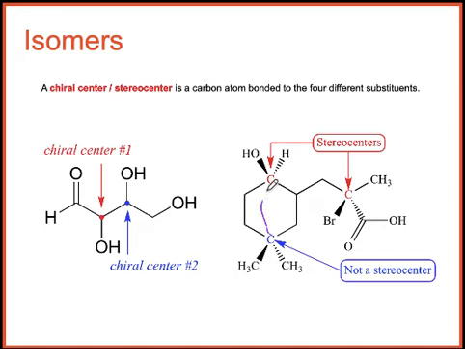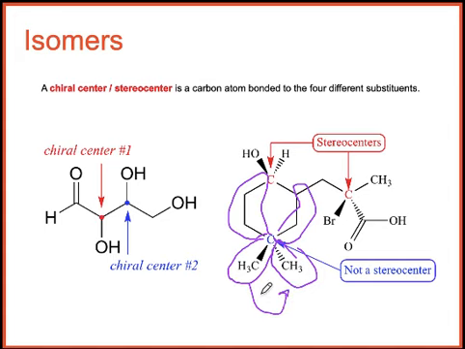Why? Because this is bound to this one group. 1, 2, we're doing good so far. 3, we're doing good. And there's the next one, so that should be good. No. Why is it not good? Because these are 2 repeated groups. There's 2 methyls, 2 of these CH3s, which means you're not allowed. A stereocenter cannot have 2 same groups.